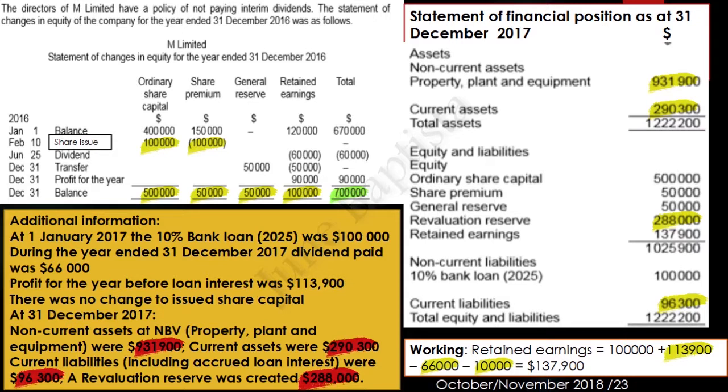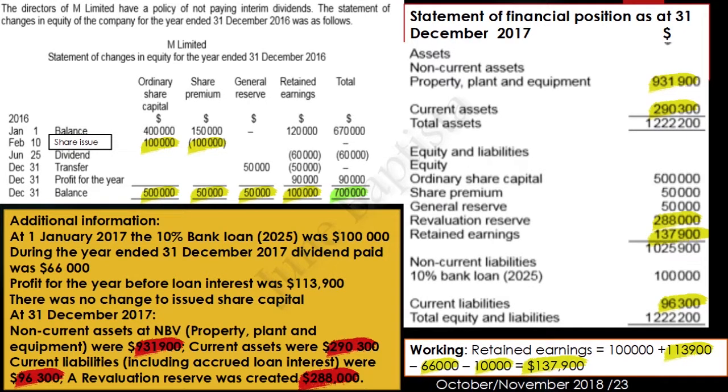Retained earnings is now equal to $100,000, which was the closing balance from last year, plus $113,900 profit for this year, minus $66,000 dividends paid, minus $10,000 accrued loan interest, to give you a new figure for retained earnings of $137,900.